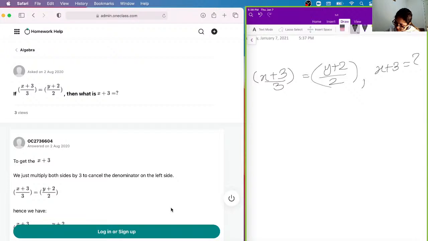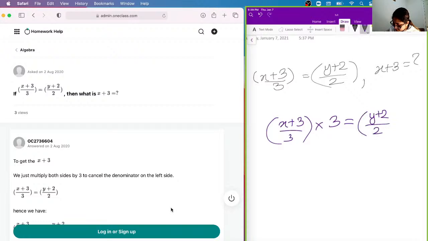So we would have x plus 3 over 3 times 3 is equal to y plus 2 over 2 times 3. So you simplify both sides of the equation.